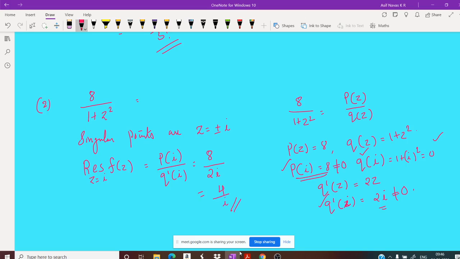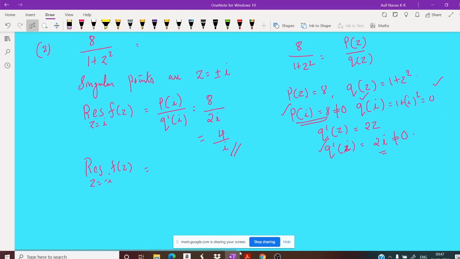Now you find out the residue at z equal to minus i of f of z. Anybody?